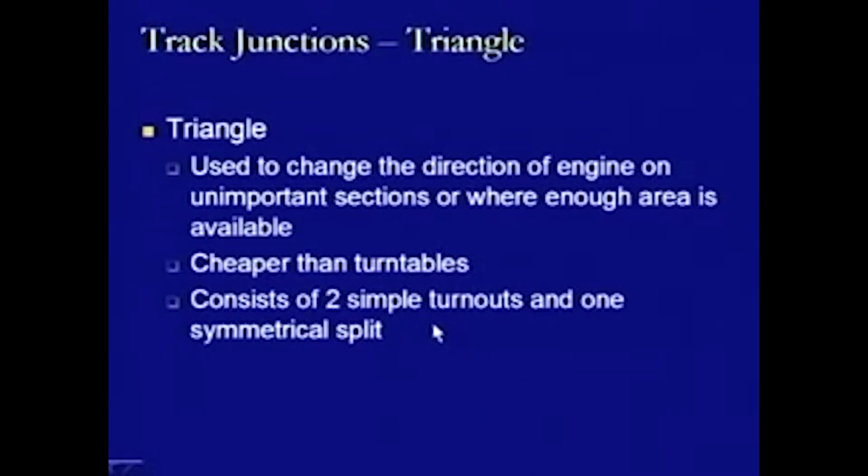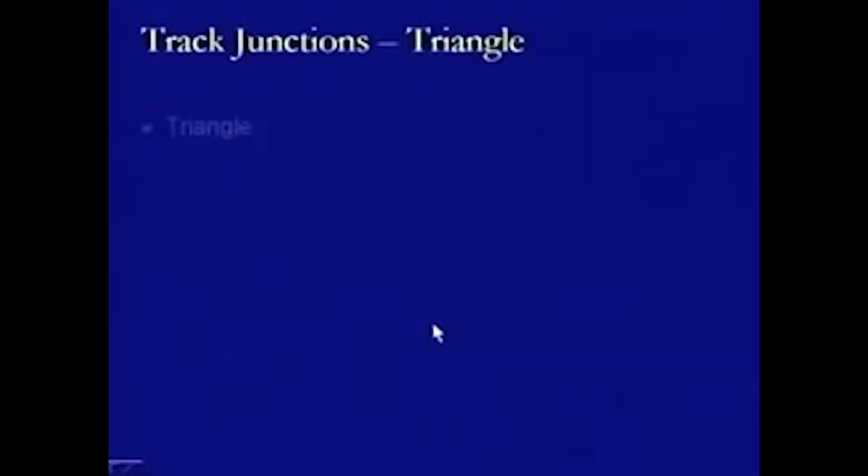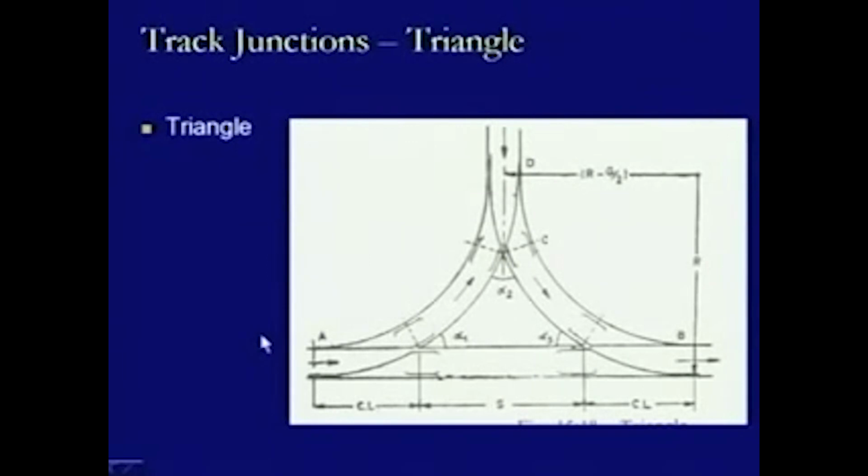It consists of 2 simple turnouts and 1 symmetrical split. We will be looking at the diagram of a triangle. This is the main track and we are interested in changing the direction of the engine. It is not possible to do so using the same single track, so we have provided the connectivity like this.